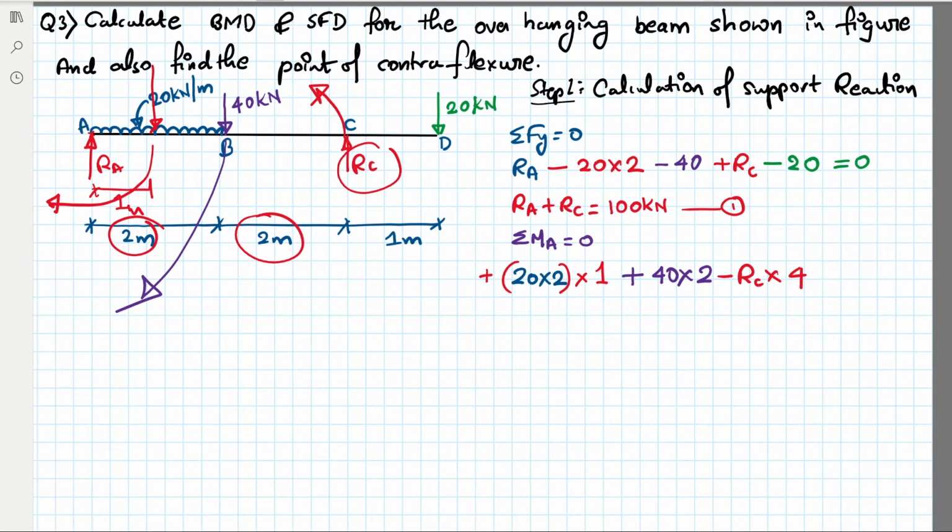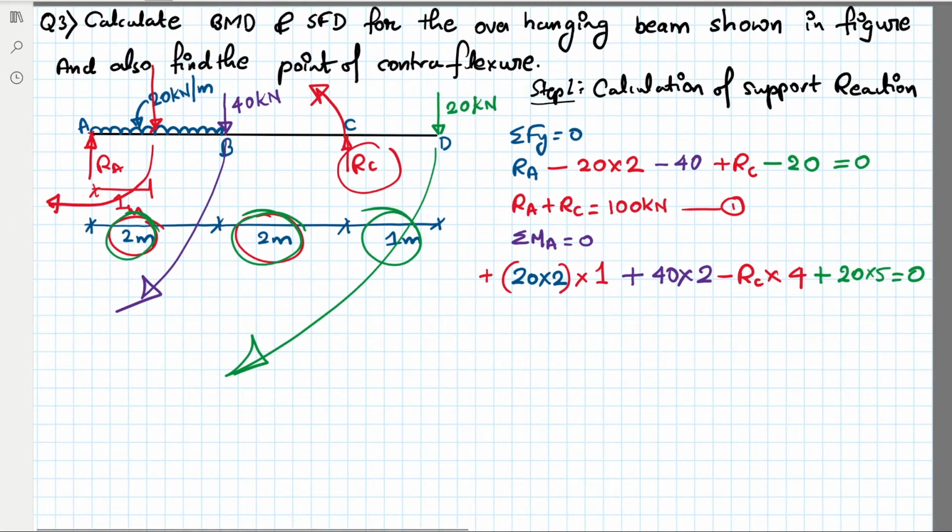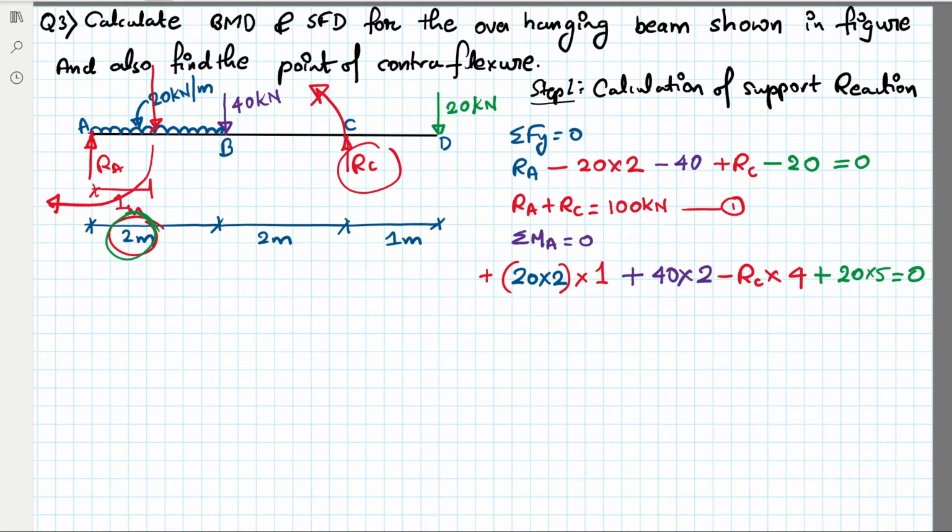Then we have 20 kilonewton. About A, it rotates in the clockwise direction, therefore I take plus 20 into the distance, 2 meter plus 2 meter plus 1 meter, total 5 meter, equal to 0. If I do the calculation, I will get the RC value.